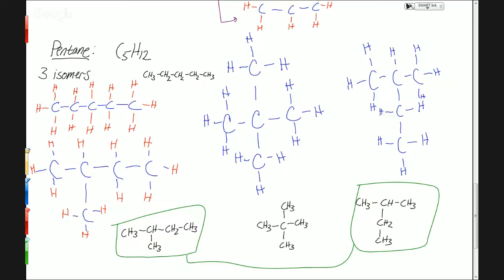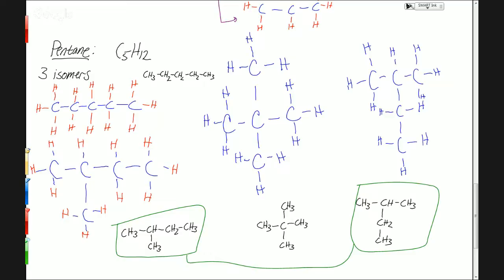So let's say I build the one over here on the left. You see my model there? Now I want to make it look like this one without breaking anything apart. So I can kind of just turn it up like this and kind of move this tail down, and then I've got that one. Does everybody see that? I didn't break anything apart, and I was able to make it look the same. So that's a sign that those have to be the same. So that's one way to do it.